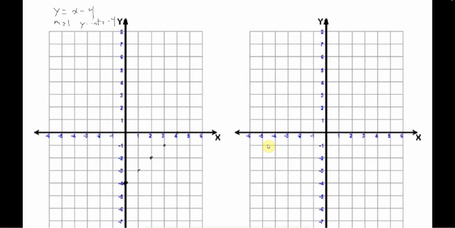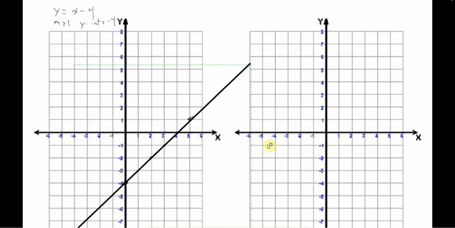Now, when we're trying to find these x-intercepts and y-intercepts, it's good to graph until we cross the actual axis so we can see. I'm going to get my little line tool and line it up with all of my dots.